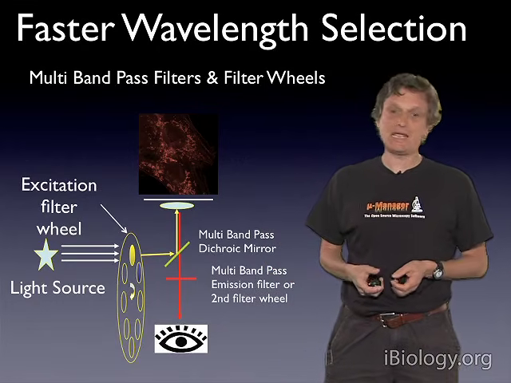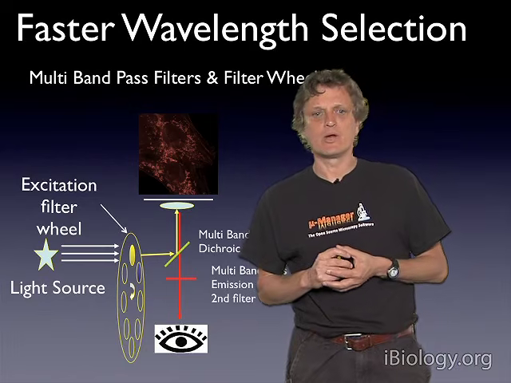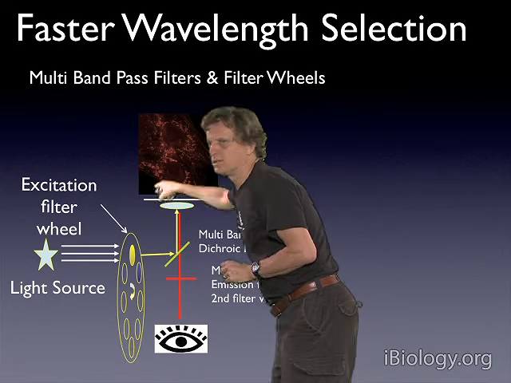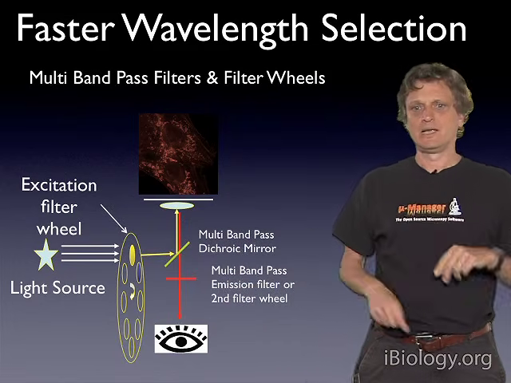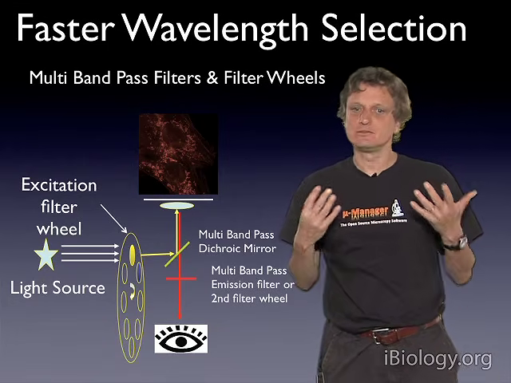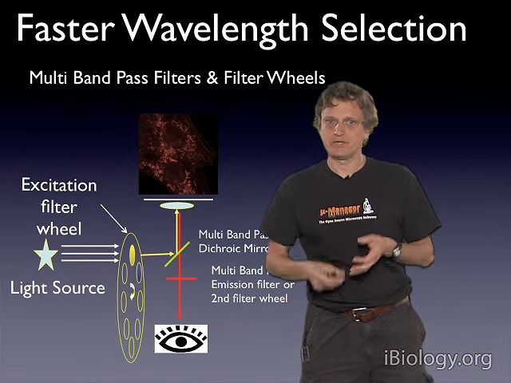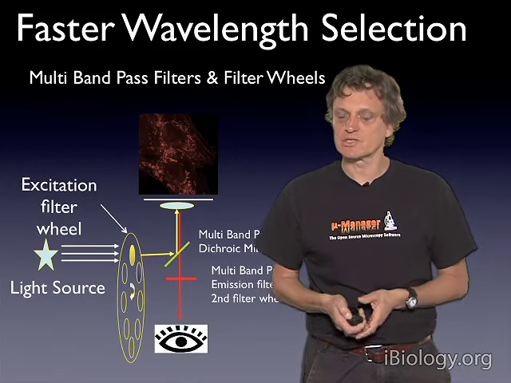Now you may have noticed that there is something funny going on, because this dichroic filter here apparently reflects both the blue light and the yellow light, but it passes through the green light. And so that means that that dichroic filter needs to have pretty special properties and is very different from what I've shown you so far.